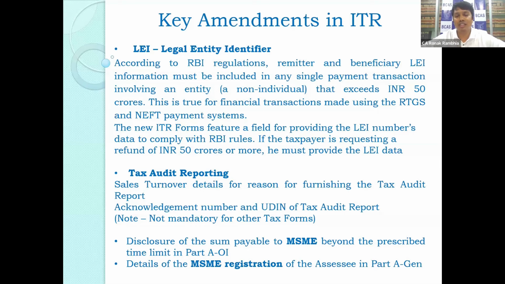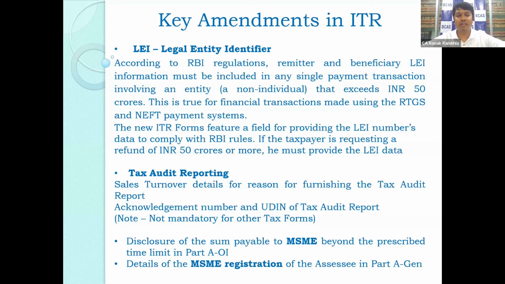So all the assessees who have the LEI number are required to mention this in their income tax return. Further, if your tax refund is more than 50 crores, then obviously it's a mandatory field for you to mention the LEI number in the income tax return. In case of tax audit reporting, the sales turnover details for the reason for furnishing the tax audit report, as Akshar has mentioned, whether for the 5% cash transaction, your turnover limit changes from 2 crores to 3 crores.